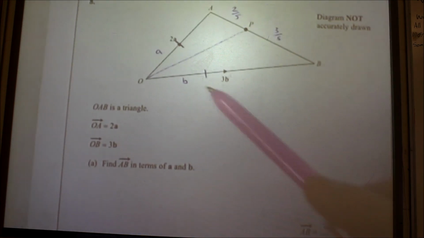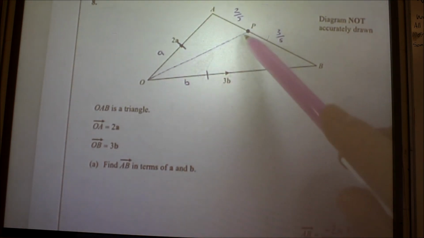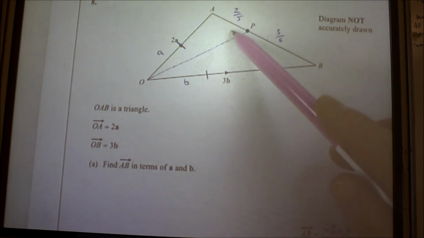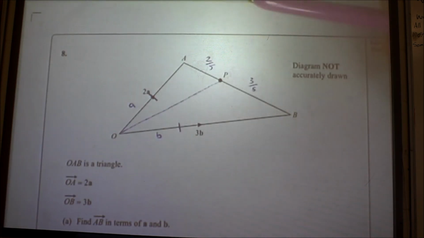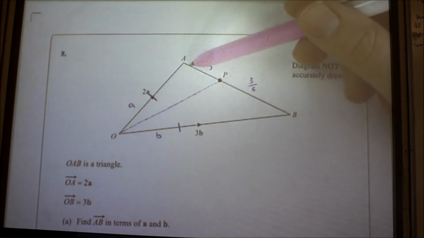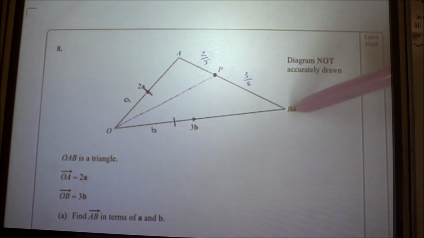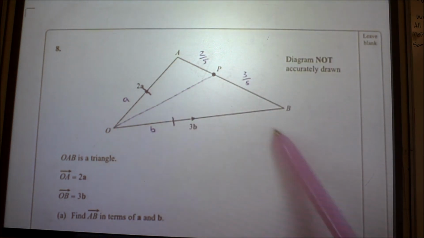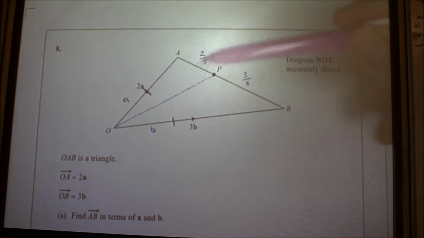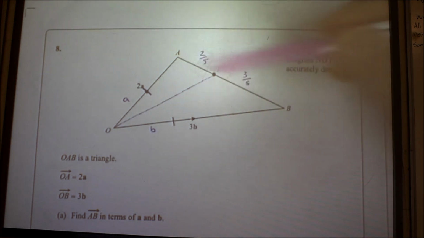Okay, so OP is from there to there, so we need to work out what OP is. First of all, we're going to work out what it is from A to B, and to do that you need to go minus 2a add 3b, but from A to P is only 2/5 of that.